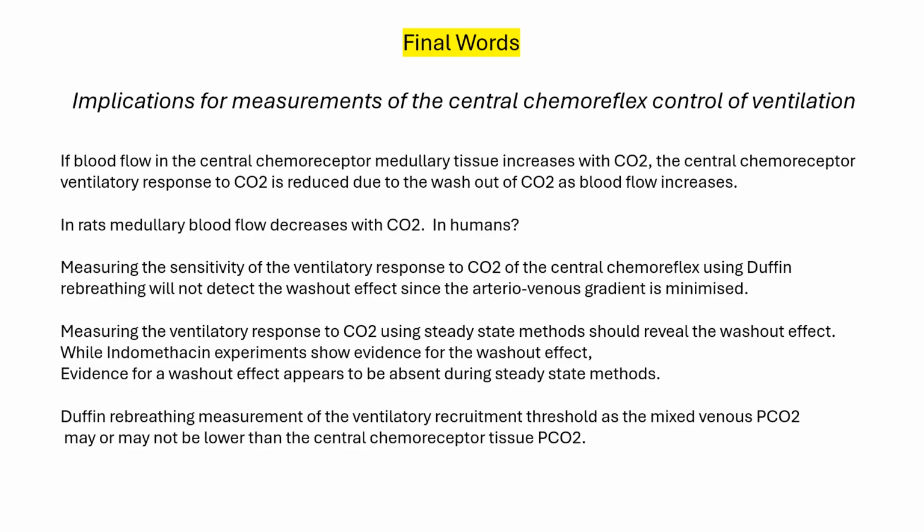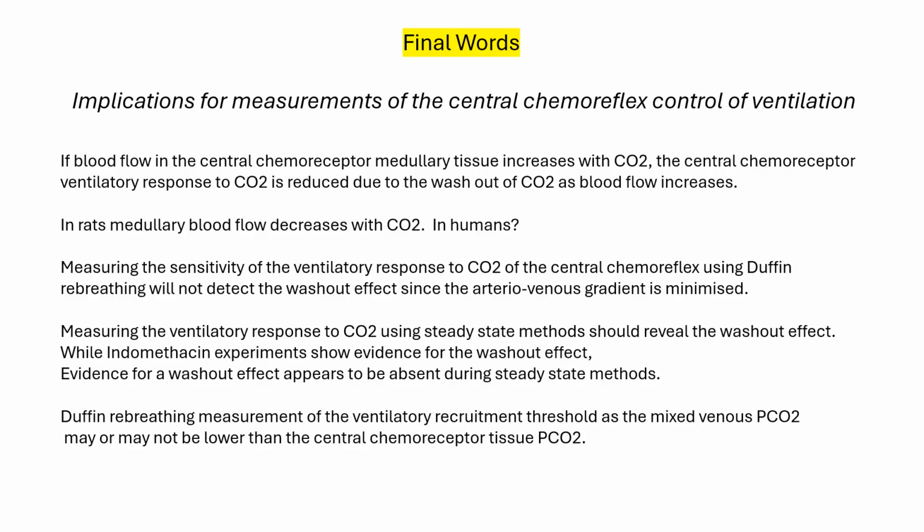In rats, blood flow decreases in response to CO2, in contrast to that of the cortex, where blood flow increases. In humans, the central chemoreceptors lie in medullary tissue, whose blood flow is supplied by the basilar artery, whose blood flow and response to CO2 is less than that of the cortex.